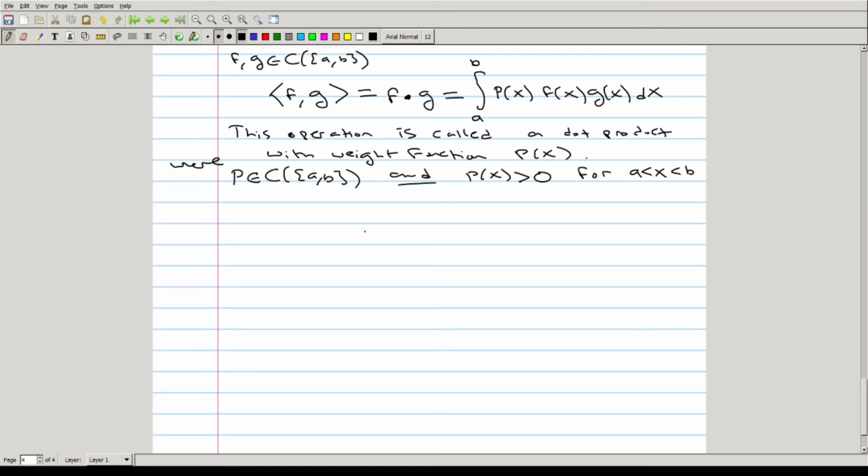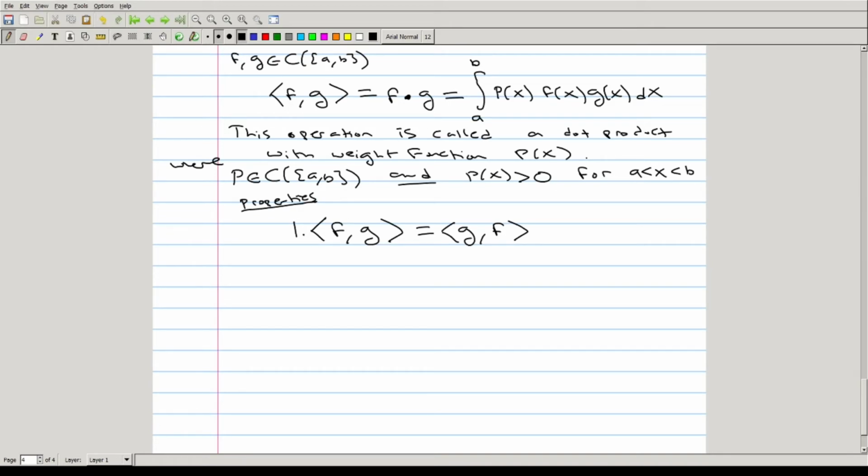So I recommend going through and showing this, but the first main property that you'll remember for the dot product is that the dot product of f with g should be equal to the dot product of g with f. Or the dot product is commutative. We can reverse the order in which we take the dot product.